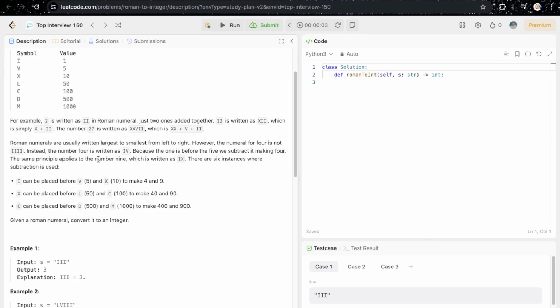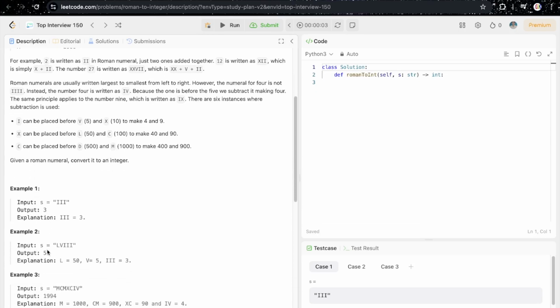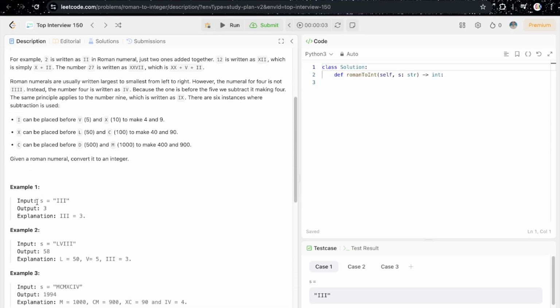So just this is the case. What we have to find out here is, the input has been given in the form of a string, and we have to find out its numerical or integral value. So given a Roman numeral, convert it to an integer. Again, see, this has been given: L is 50 plus 8, this is 58.